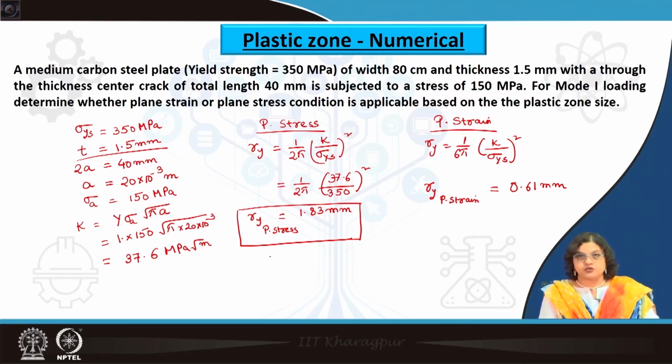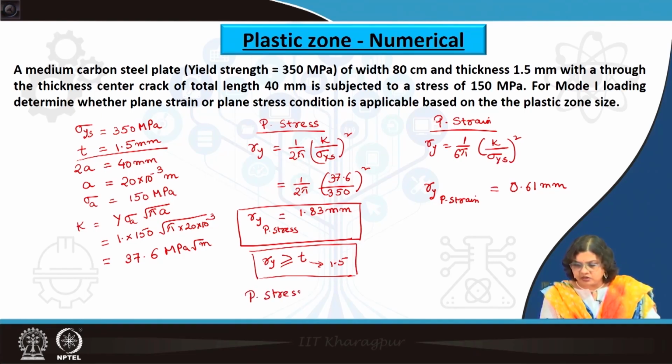We know that for plane stress condition we need to have this plastic zone size which should be either greater than or equal to the thickness, and since in this case the thickness is 1.5 millimeter, this very well satisfies this criteria, and then we can say that plane stress condition will be active. So, that is what we can figure out from this.